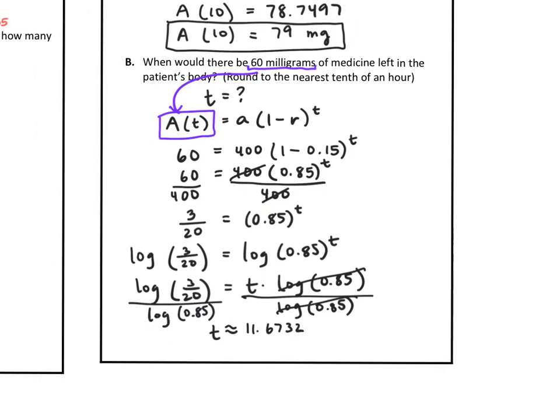Which, again, the problem said initially rounds to the nearest tenth of an hour. So I'm going to round from 0.6 up to 0.7 because 7 is bigger than 5. So that tells me to change the 6 up to a 7.